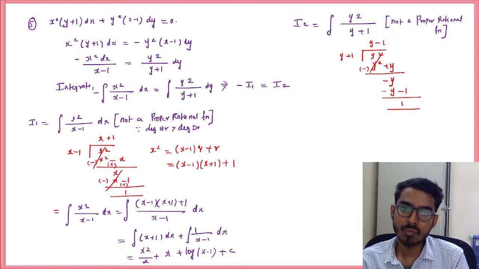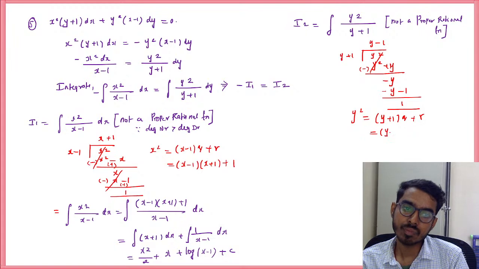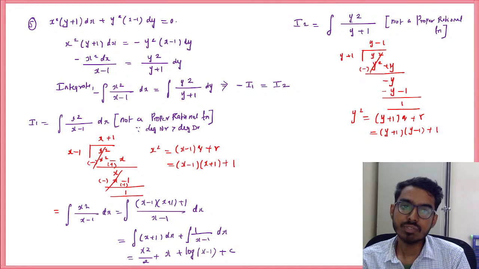So that means this y square can be written as y plus 1 into quotient plus remainder. So y plus 1 into quotient is y minus 1. Remainder is 1, right?